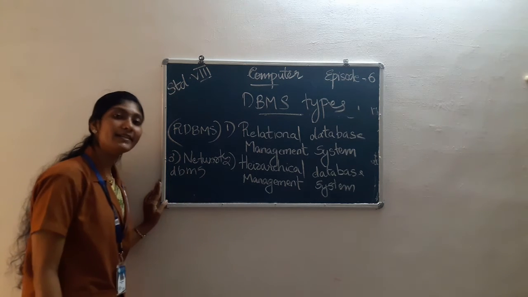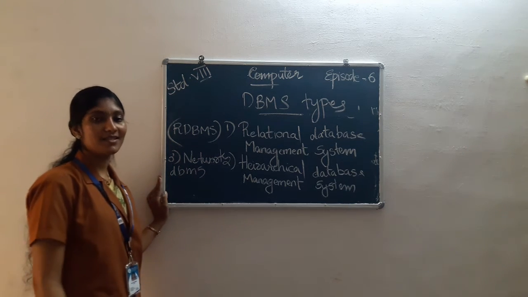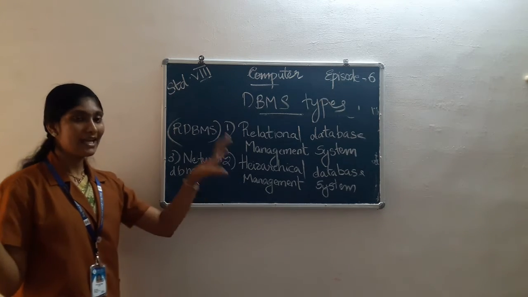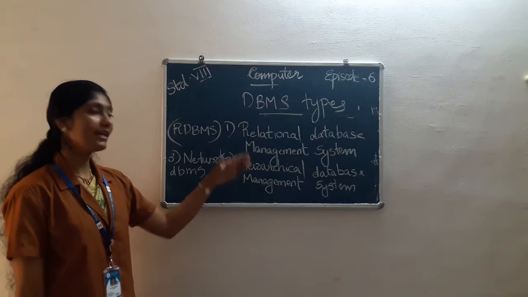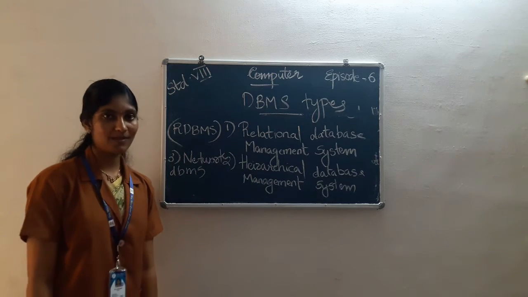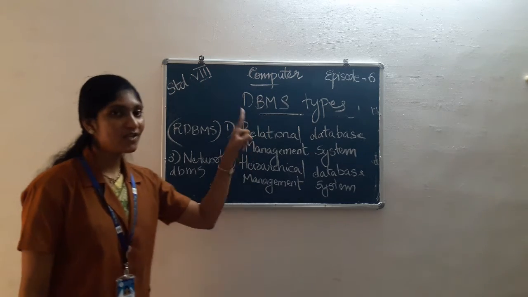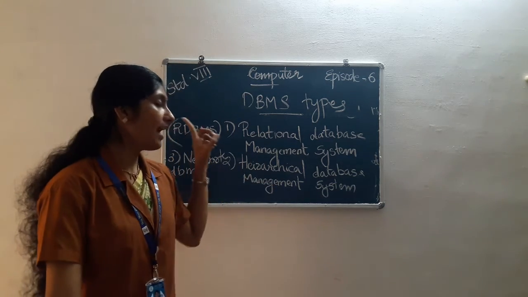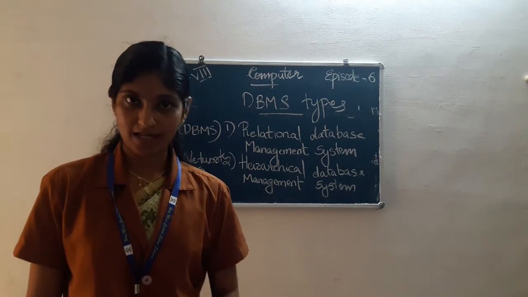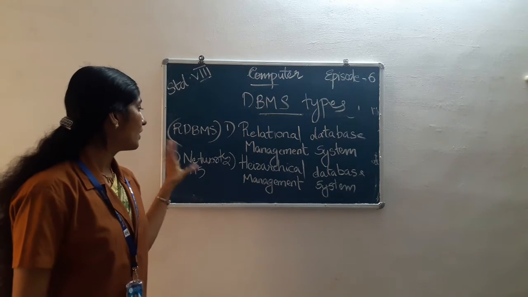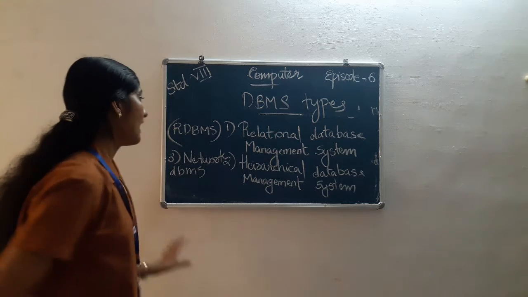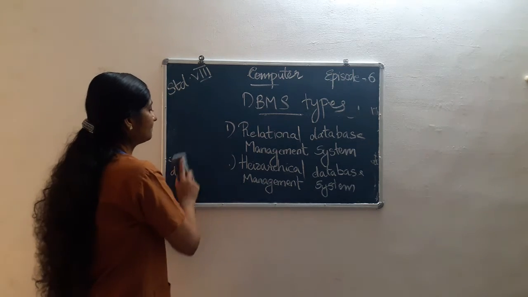And there are many other types of database management system, like the object oriented management system, etc. So mainly in this chapter we have to study 3 types. What are they? Relational database management system, second hierarchical database management system, and third network database management system.